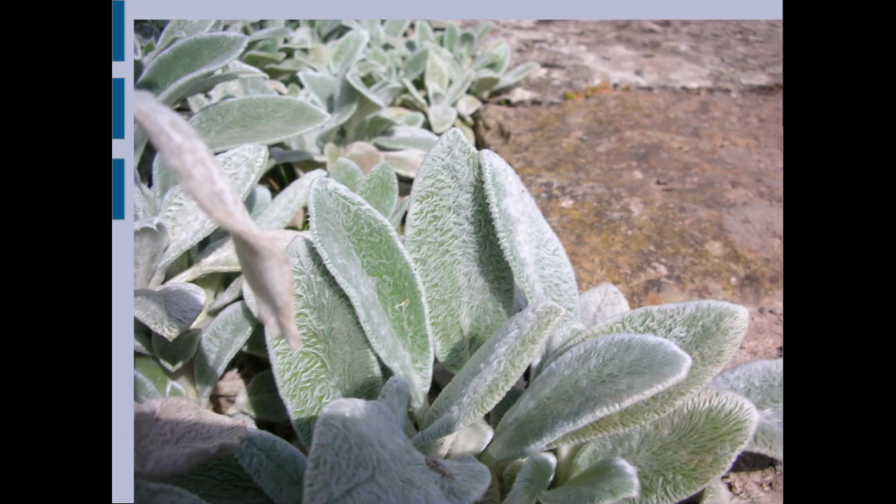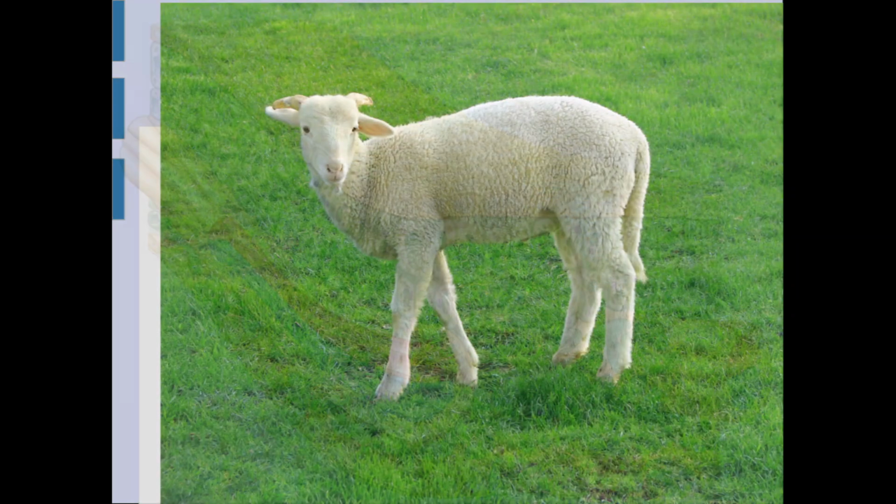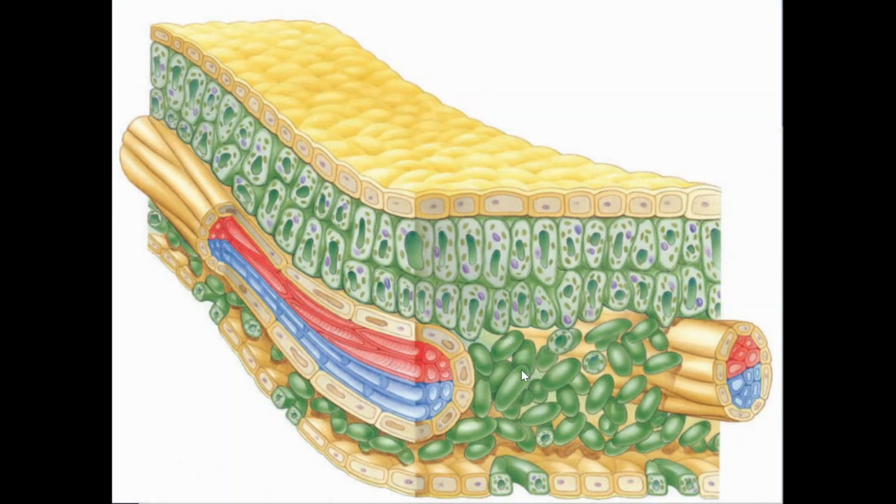The tissue that carries out photosynthesis is the mesophyll: the palisade mesophyll and the spongy mesophyll.